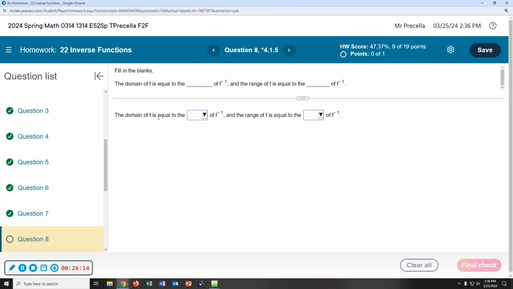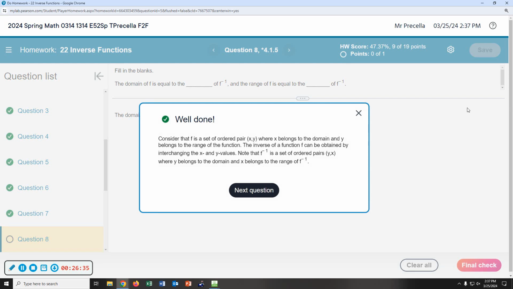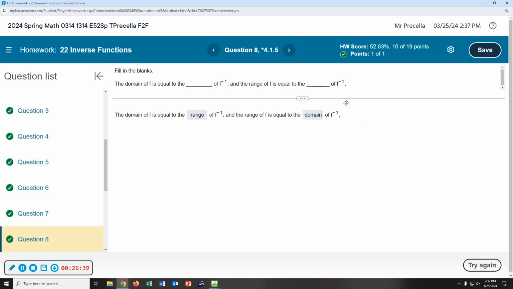The range of f, the original x's, are equal to what? The range. Pull down and select range. The original y's, the range of f, become what? The domain in the inverse. Any questions?